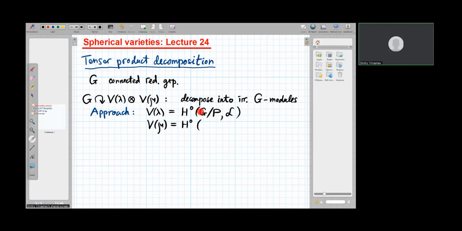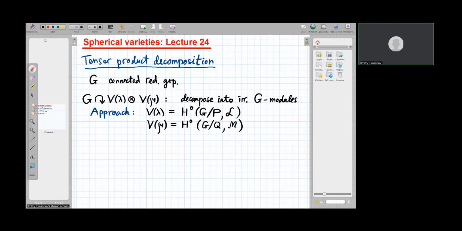So the representation in here is irreducible. So it is not an inclusion, it is just equality. And similarly for the second irreducible representation, it can also be realized as a representation in the space of global sections over some other partial flag variety, G over Q, of some other line bundle M. These geometric realizations are always possible.